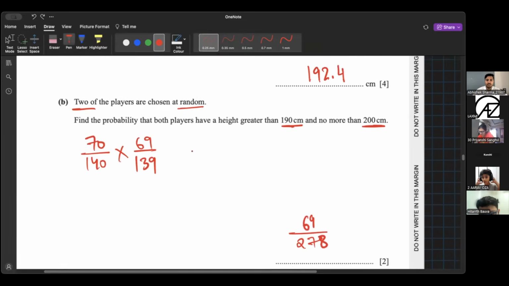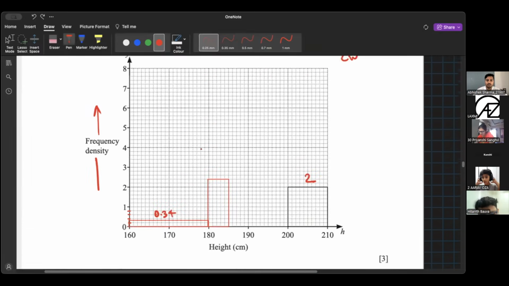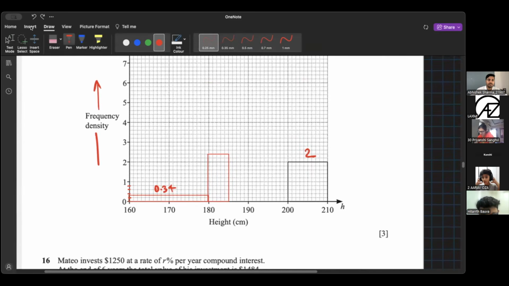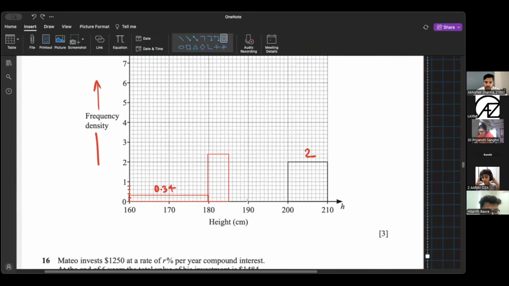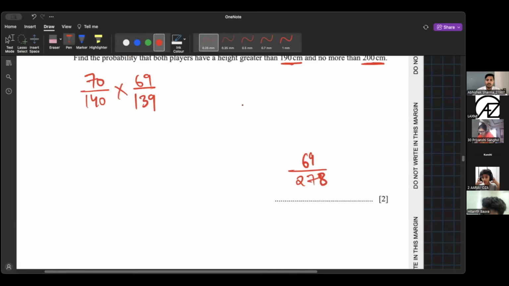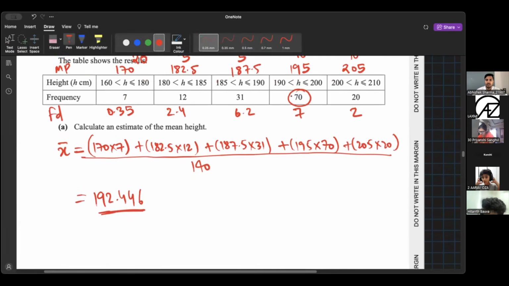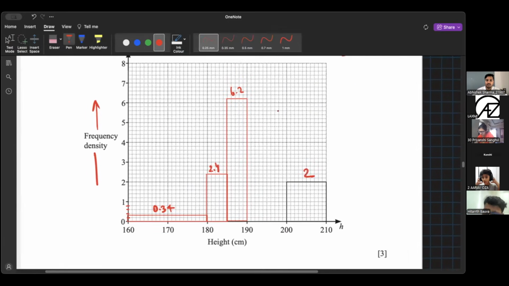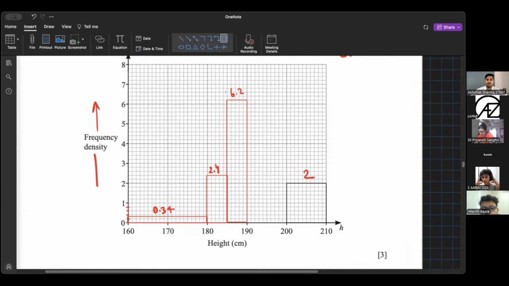Now 185 to 190 is how much? 6.2. 6.2 will be here till here, right? So let's write it down. This is 2.4, this is 6.2, and this is 7 now. 190 to 200 is 7. So 7 is here.